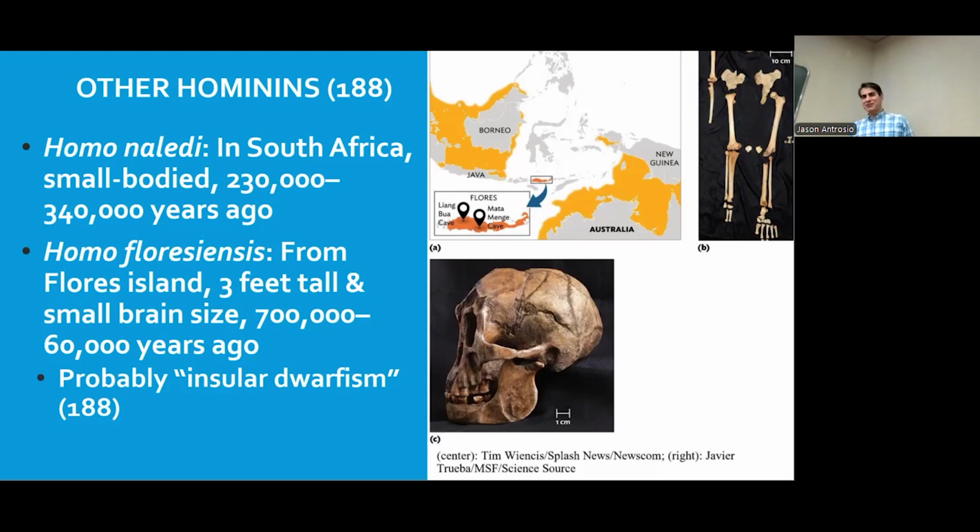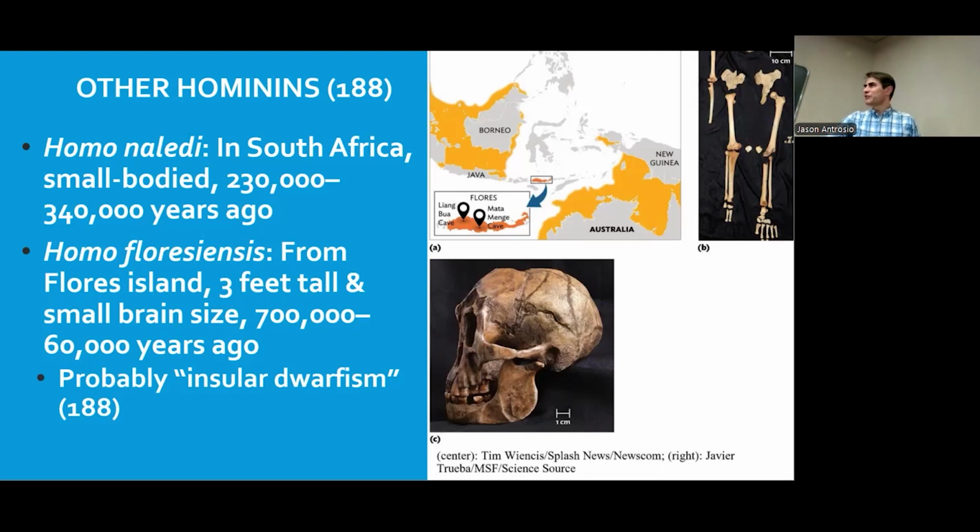And so there's been a lot of debate about whether this is a separate species. Again, there's no indication there was interbreeding with other human populations, but they are another example of how different Homo species were able to spread out and do cool things in other places. So we have these other hominins coming out.